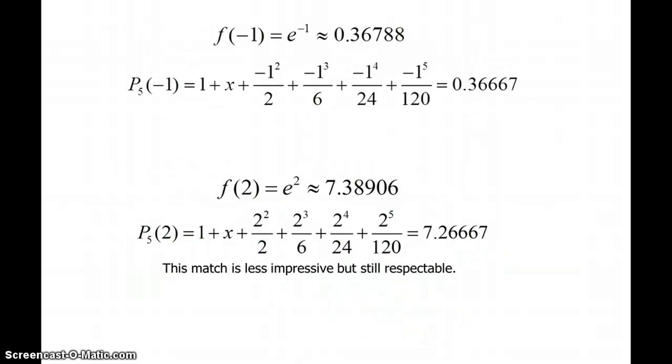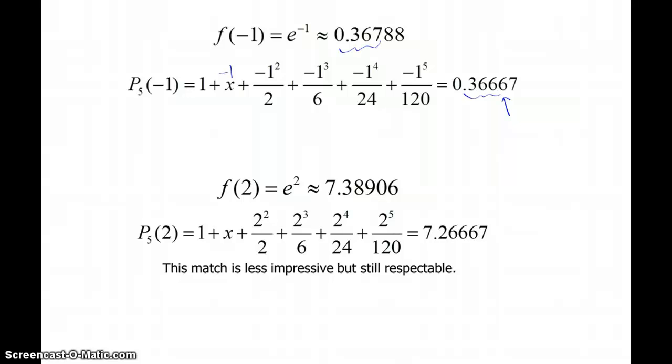So let's take a look and see. Here's f of negative 1. So it's e to the negative 1, or 1 over e to the 1. And that is approximately 0.36788. So p sub 5 of negative 1, once we plug negative 1 in and evaluate it, everywhere that there is an x, that should be negative 1, we get 0.36667. So this is accurate, if we rounded this up, to 3 decimal places.